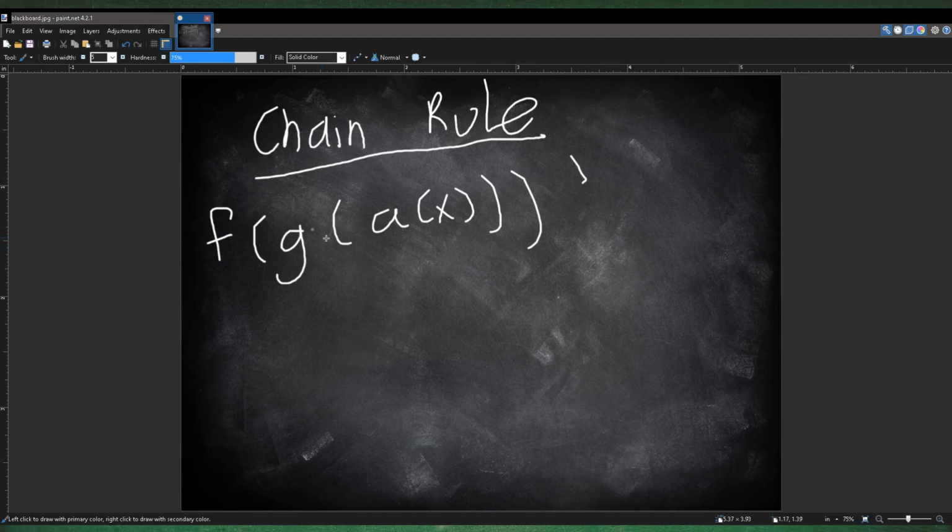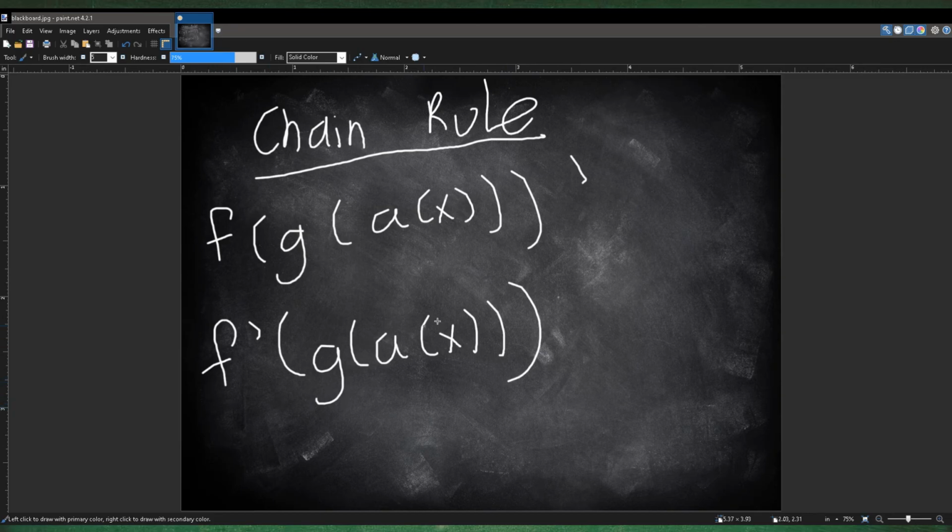So the general idea for chain rule is that you do the derivatives outside in. You do the derivative of the front one, keep anything inside the same, and then do the derivative of that one. We have f of x outside, so we do the derivative of f and leave the g and a of x inside.